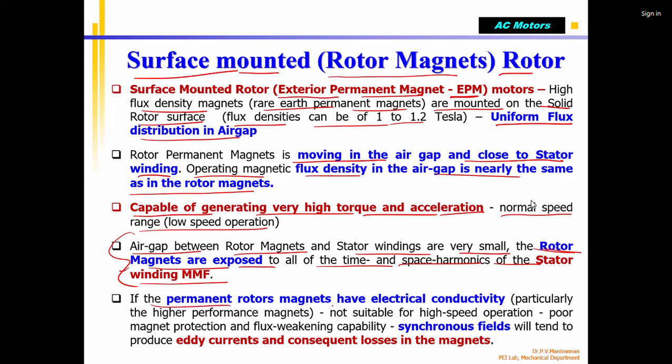The permanent magnet rotor has electrical conductivity. Please note that the rotor magnet is made of electrically conducting material, such as samarium cobalt or neodymium, boron, iron. Some magnet materials have higher electrical conductivity, and then they will produce more I squared R loss because of the induced current.